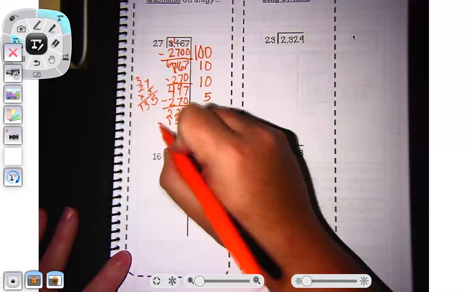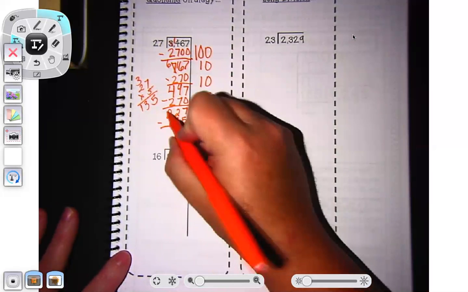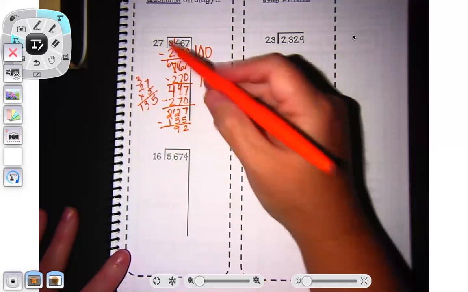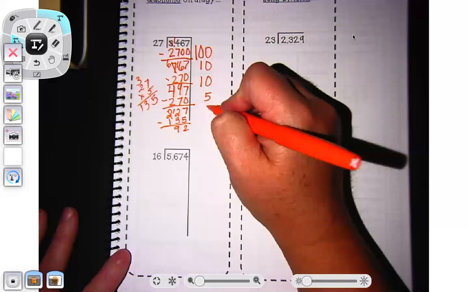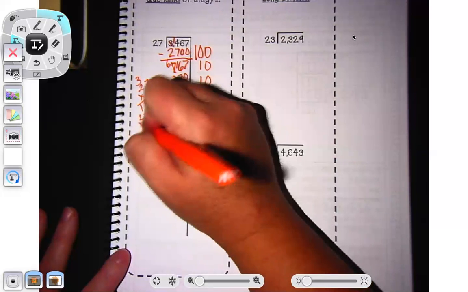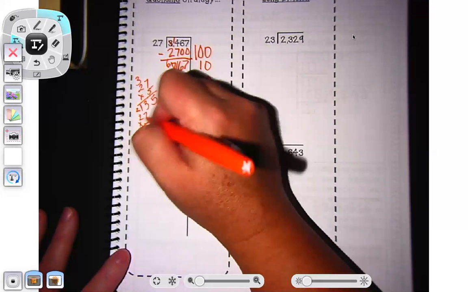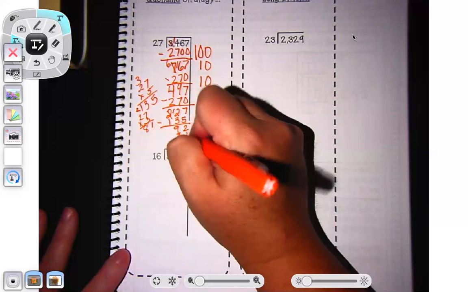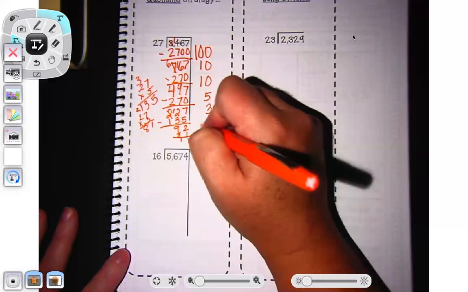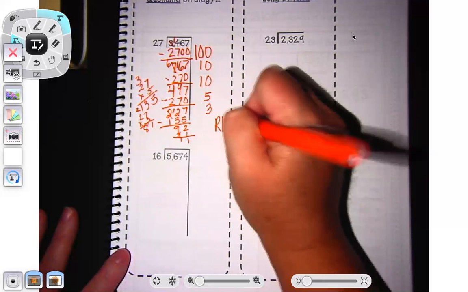So then I'm going to subtract again. And I get 92. So I know that can go 3 more times. 27 times 3 gives me 81. And then I get my remainder of 11.